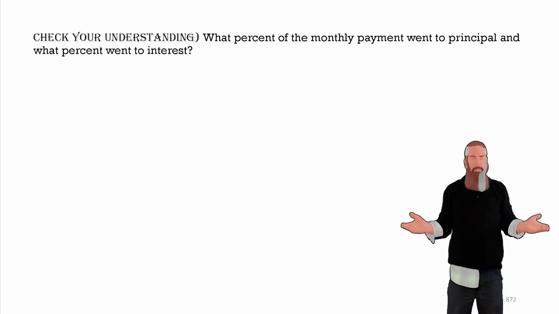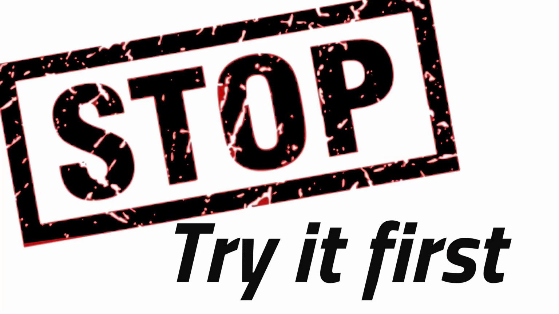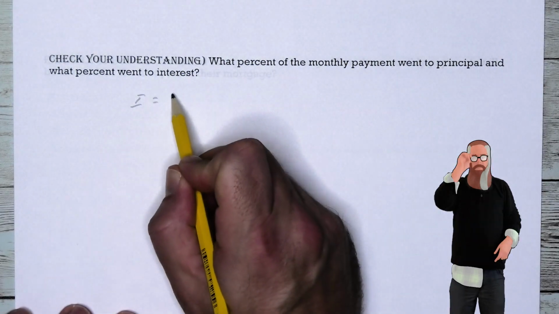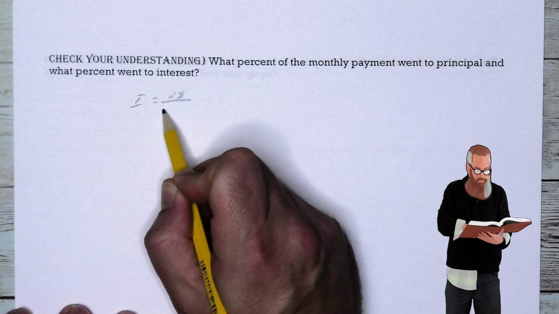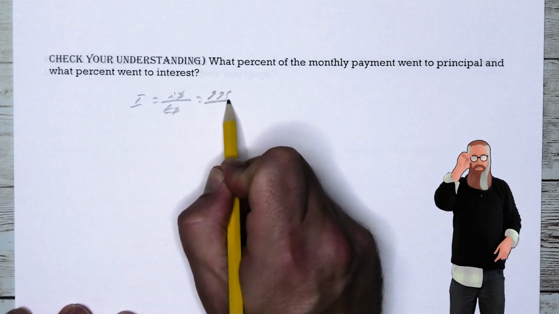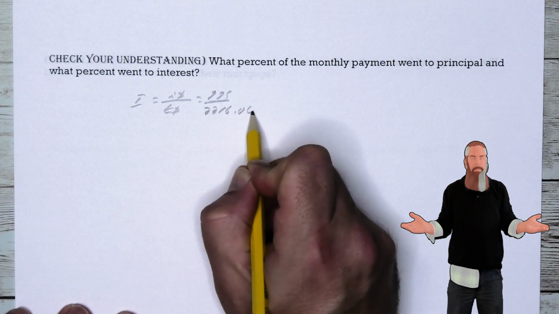Let's check our understanding of this. What percentage of the monthly payment went to the principal and what percent went to the interest? Well, when it comes to the interest, what we want to know is the interest dollars divided by the total dollars. So this will be $995 divided by $2,216.06.